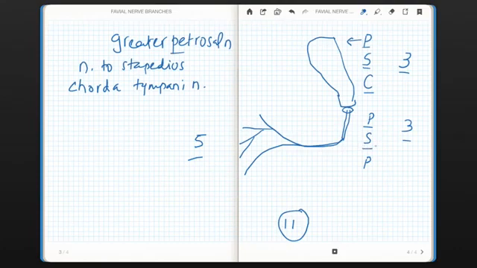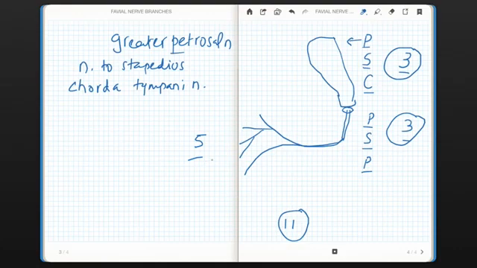This S stands for stylohyoid branch, and that will supply the stylohyoid muscle. And this P stands for posterior belly of digastric branch, so that will supply the posterior belly of digastric. So outside the stylomastoid foramen, just before it pierces the parotid gland, it gives another three branches. So total now you remember is 6 branches.